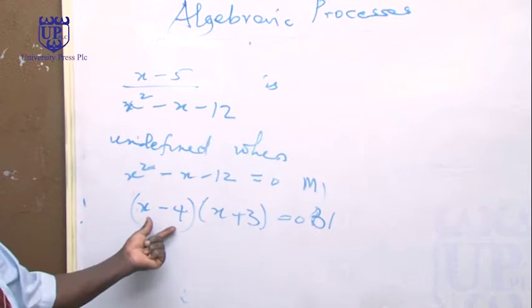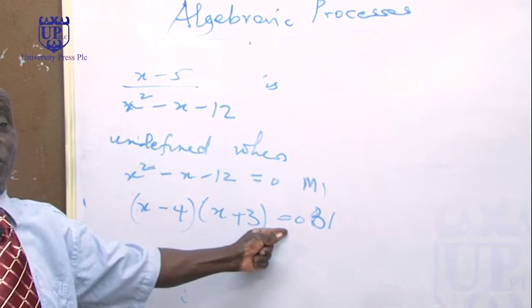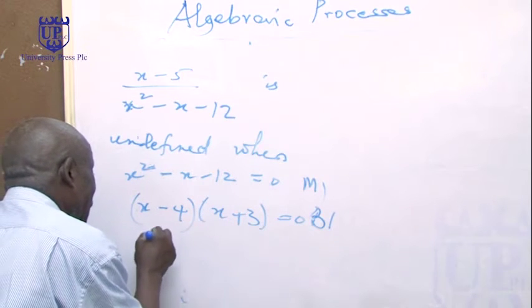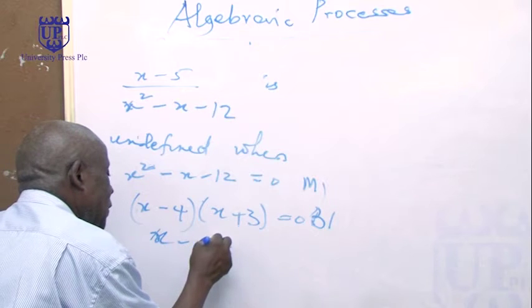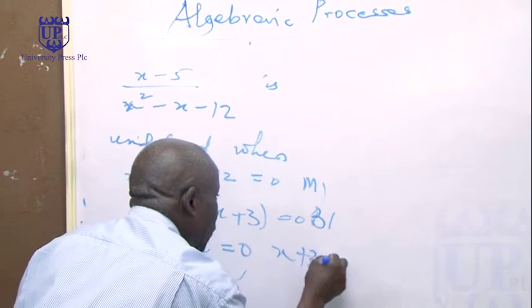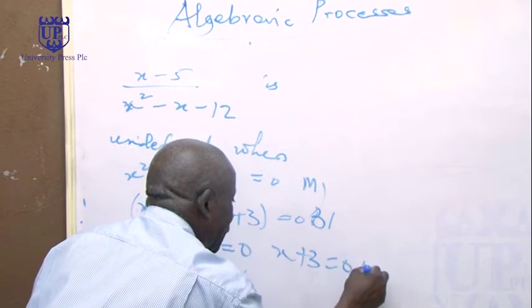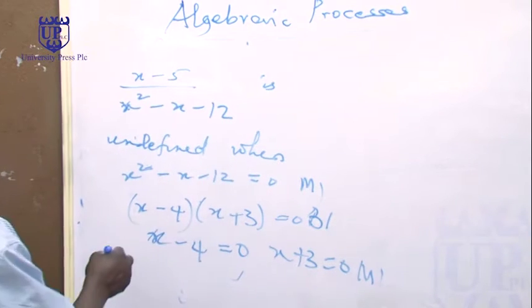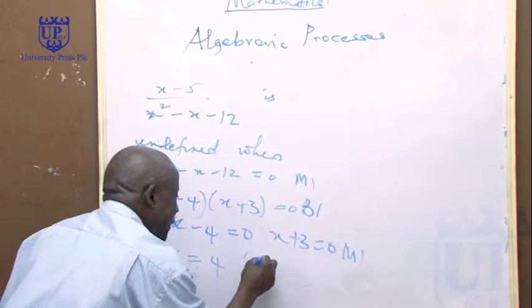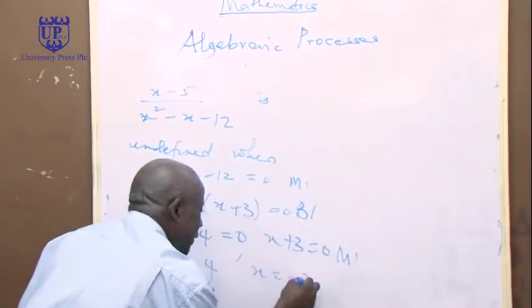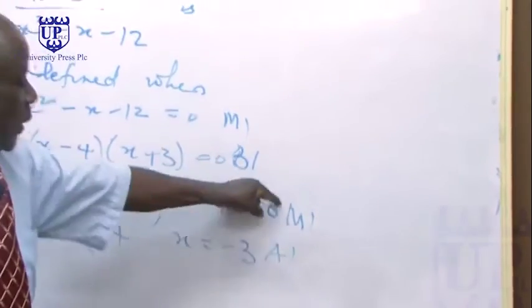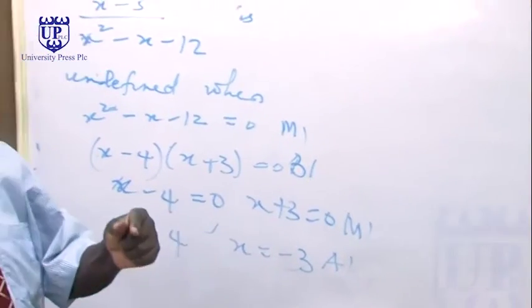For knowing that when two factors are multiplied together and the result is 0, you are saying x minus 4 is 0 and x plus 3 is 0, they give you another M1. Then for saying x is 4 and x is minus 3, they say A1. This is 1, 2, 3, 4, the other one 2, making a total.